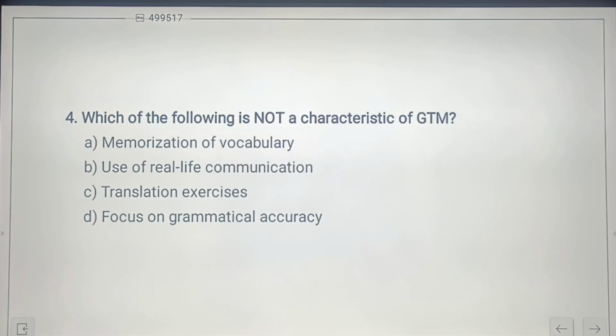B. Use of real life communication. C. Translation exercises. D. Focus on grammatical accuracy. The right answer is B. Use of real life communication. It is not a characteristic of grammar translation method.